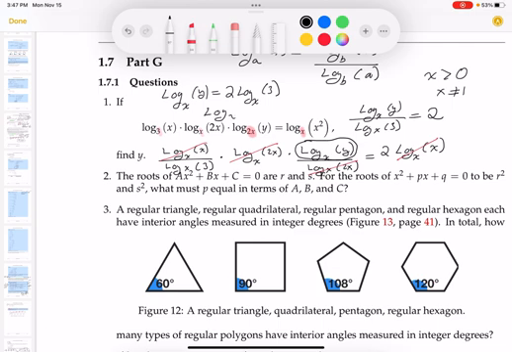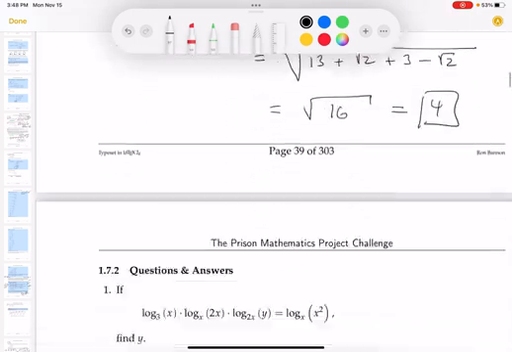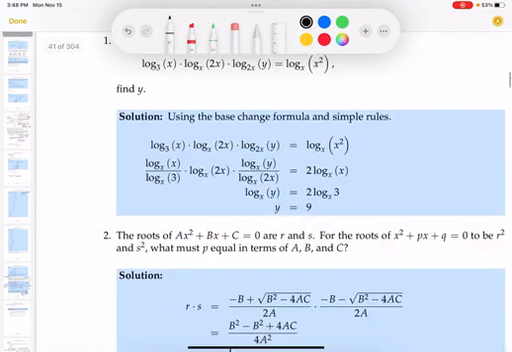Log base x of y equals log base x of 3 squared, which is 9. So now I know y is 9. Let's check and see how we did. Yep. And they used the base change formula to do so.